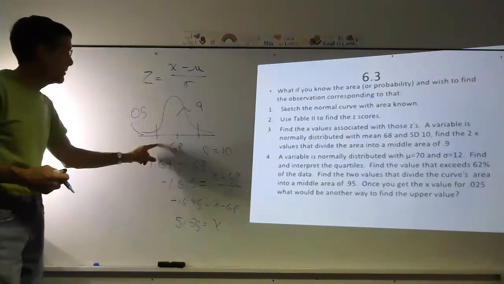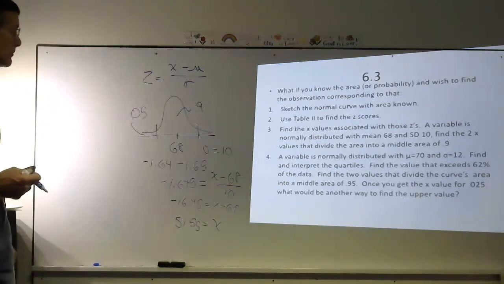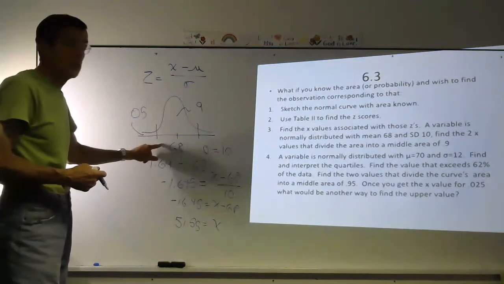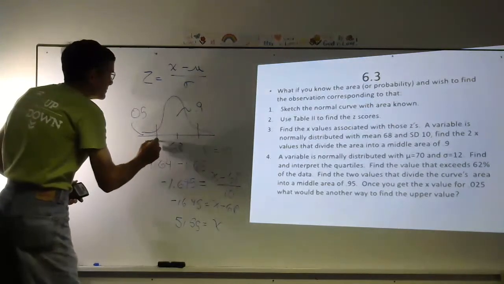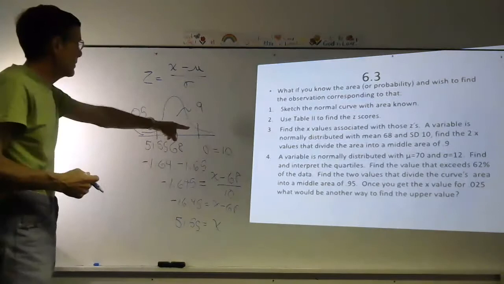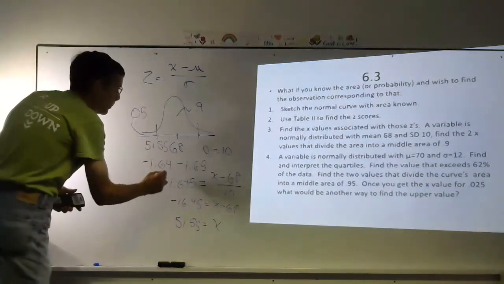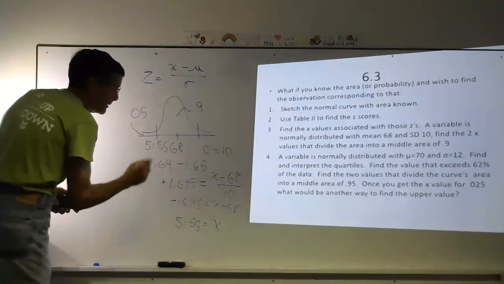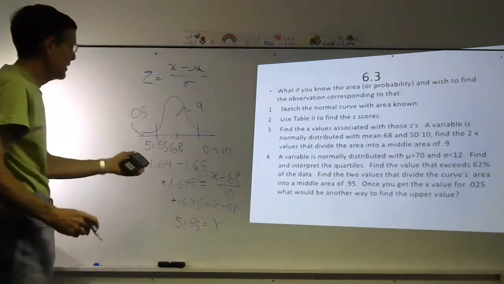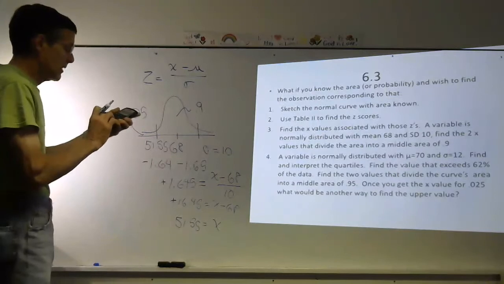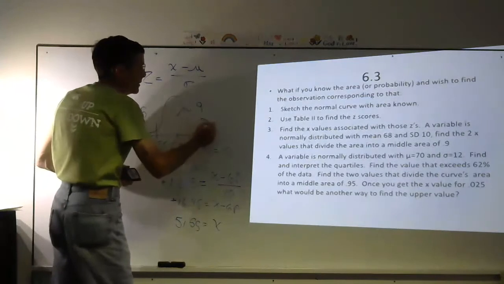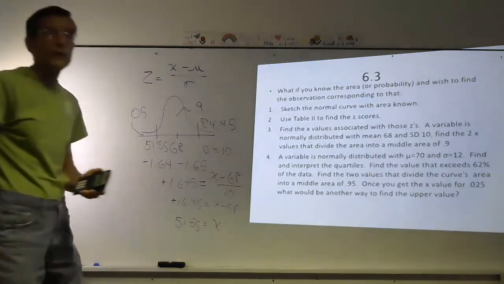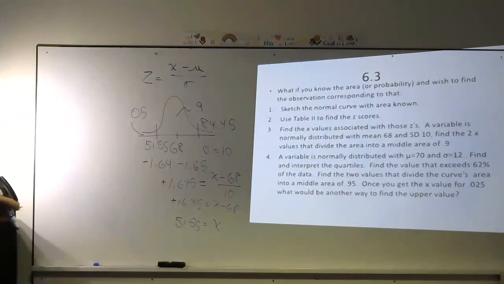Look, negative 1.645 and positive 1.645. So this x value down here is 51.55. How about the x value up here? That's going to be positive 1.645, right? Positive 16.45. So add 68 plus 16.45, and I get 84.45. There are your two values that have 90% of the data in between them, okay?